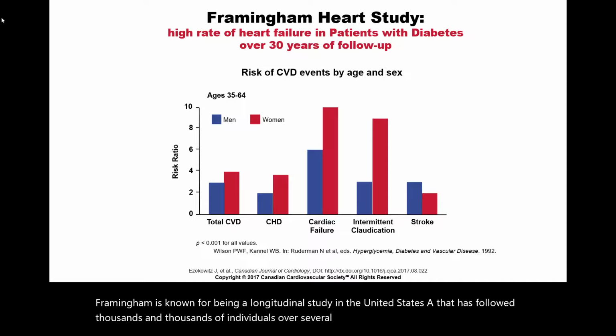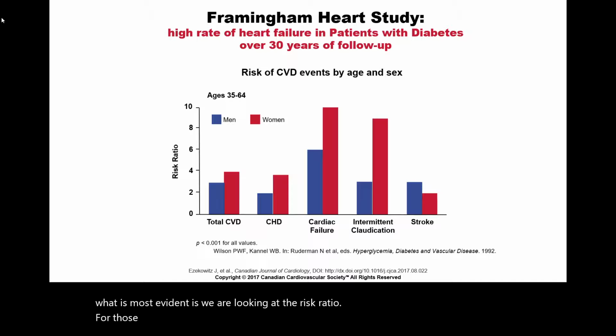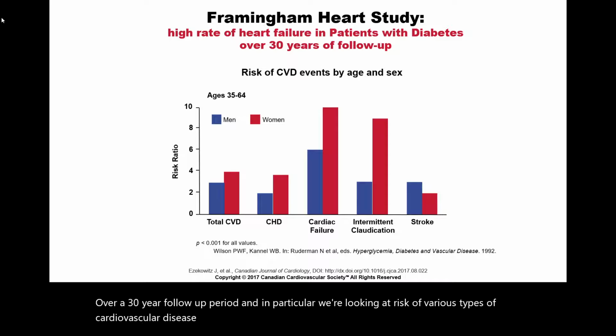In this particular slide, what is most evident is we are looking at the risk ratio for those individuals who have diabetes over a 30-year follow-up period. In particular, we're looking at risk of various types of cardiovascular disease events by age and sex.